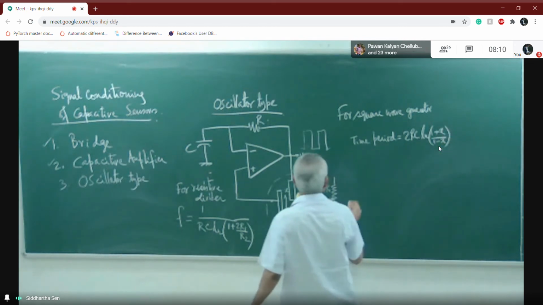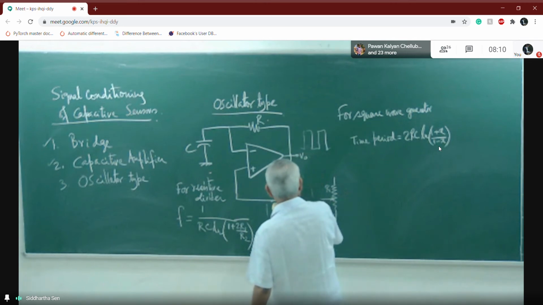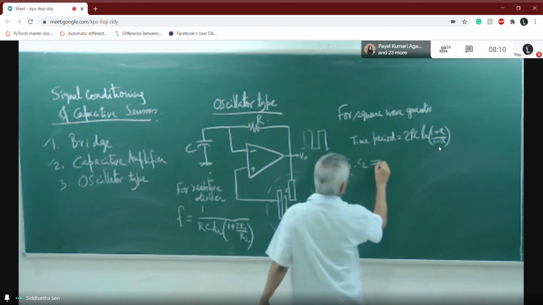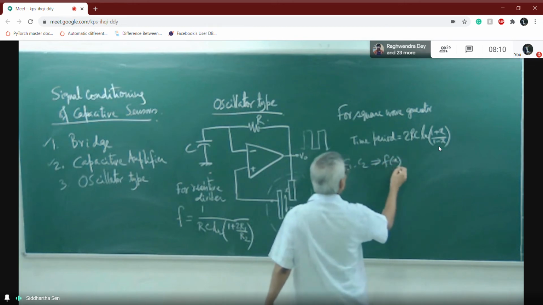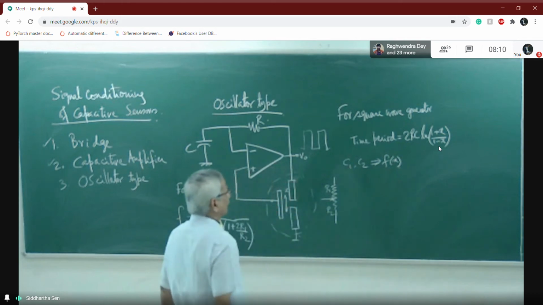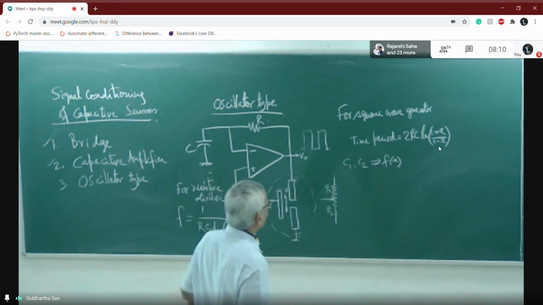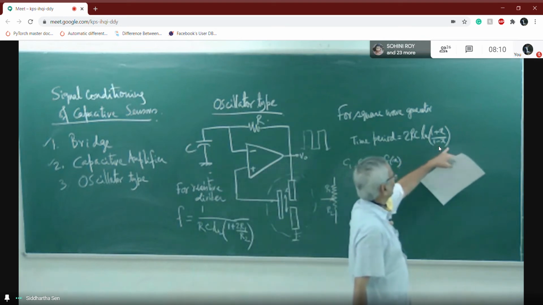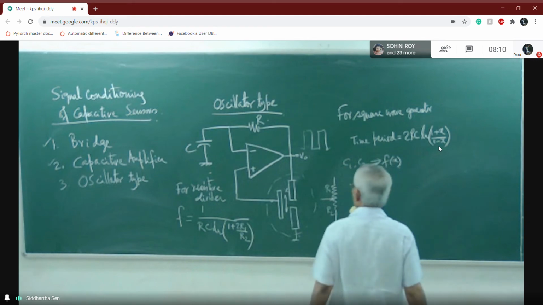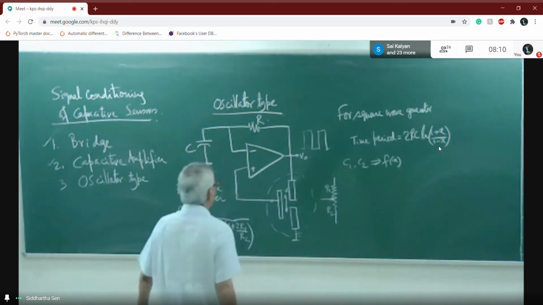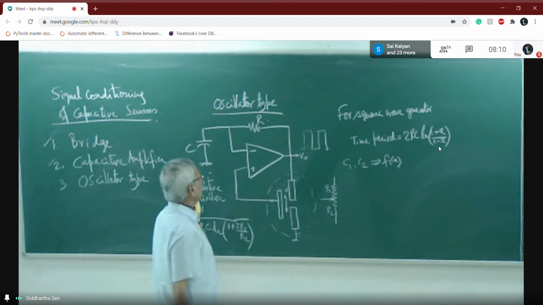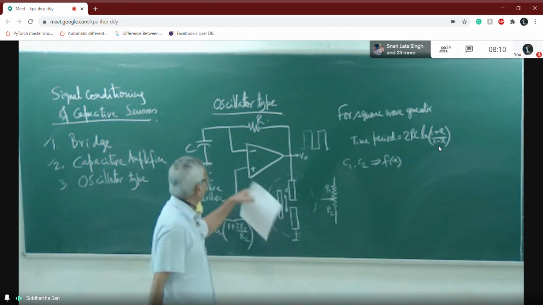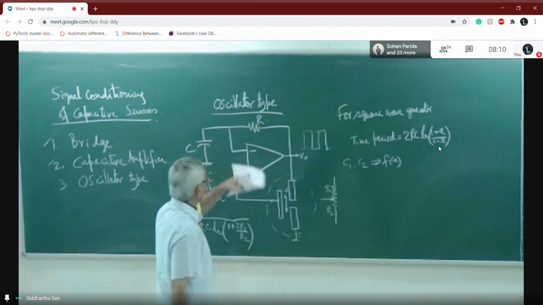Here x is given by the capacitances C1 and C2, which are linear functions of x. In the push-pull configuration also we can have this. So we have a much simpler circuit to construct an oscillator, either by making a capacitive divider or by making this C vary.